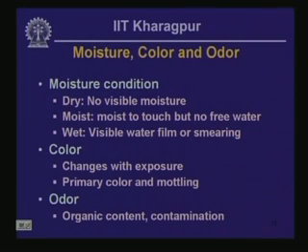Then you also have to describe the color of a particular soil unit, and color has to be described as the sample is dug out of the borehole, because color changes with exposure to ambient conditions. Color includes a primary color, and there could be a secondary.